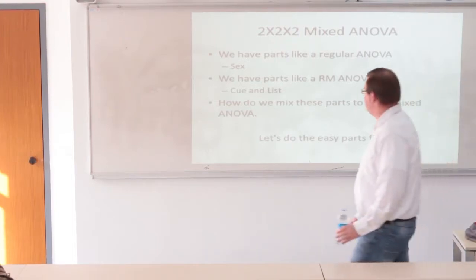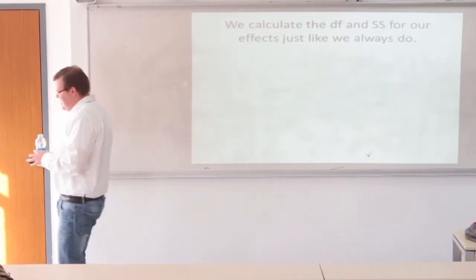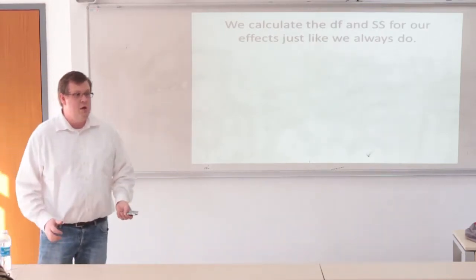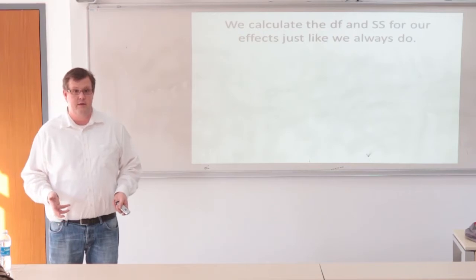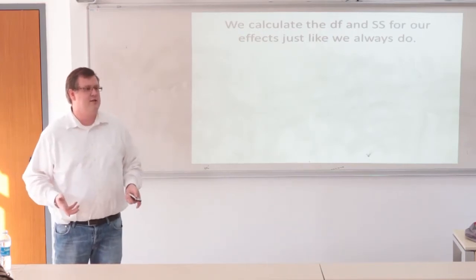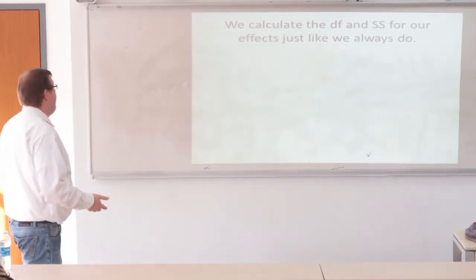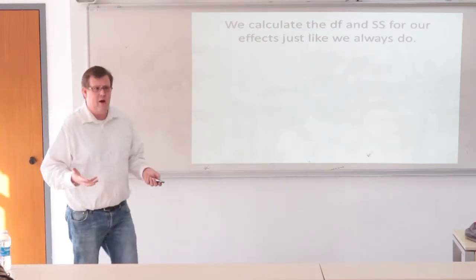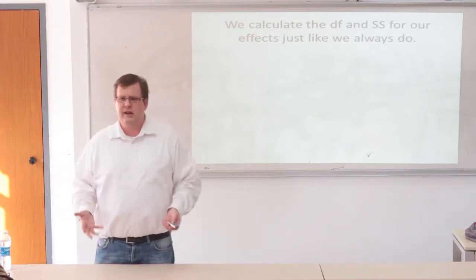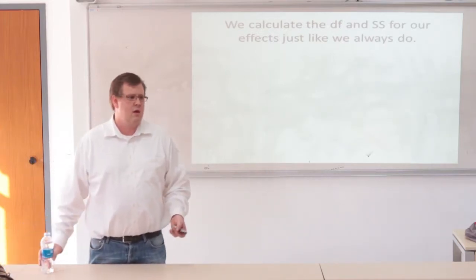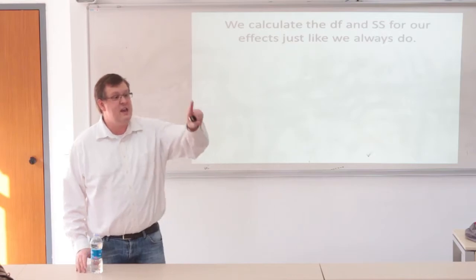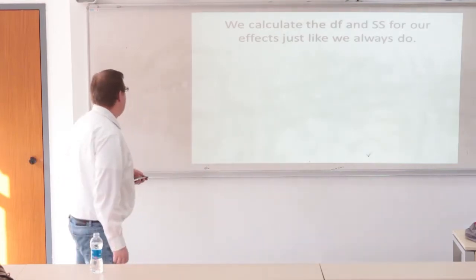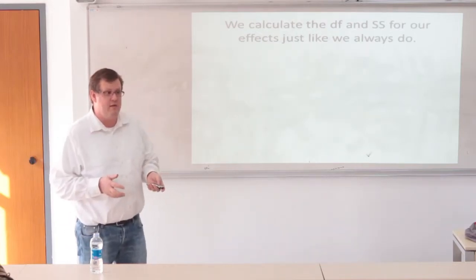Let's do the easy parts of this. So the easiest parts have to do with the sums of squares and the degrees of freedom for the factors that we're interested in, or the interactions of the factors that we're interested in. So degrees of freedom for our effects. How do we figure out the degrees of freedom for an effect? K minus 1. K is the number of levels for a particular variable.